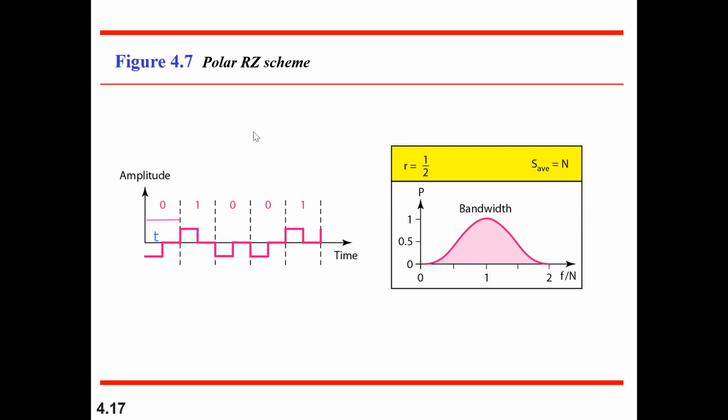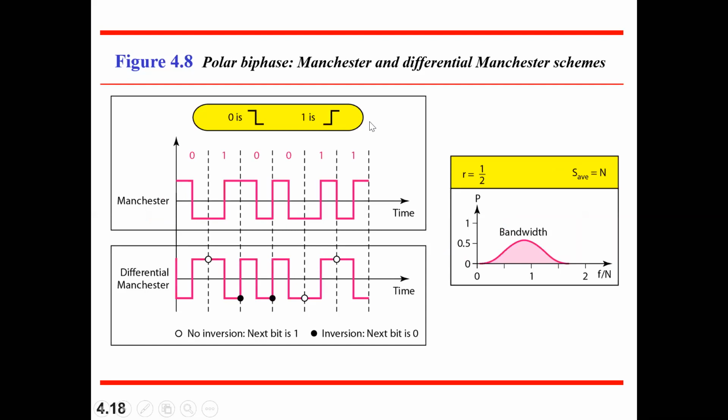The next part is polar biphase, and the zero will be referring. So here there is no reference, that is, the reference amplitude is totally neglected, only highest as well as lowest. In between it will be transmitting.